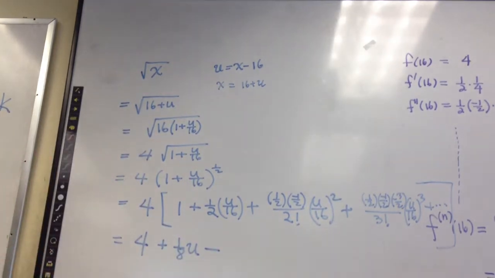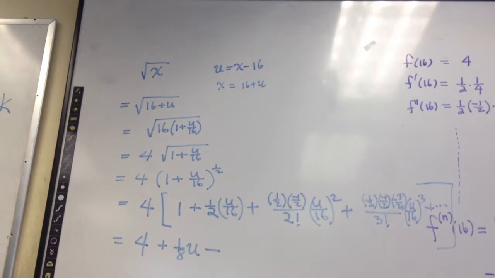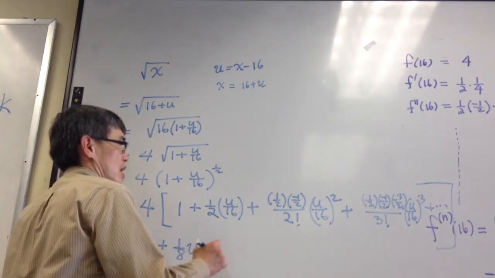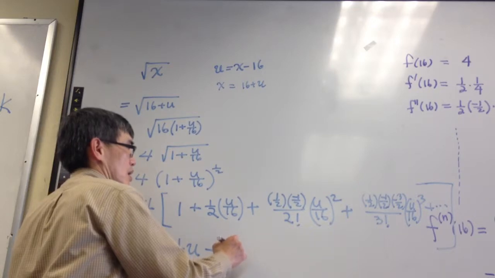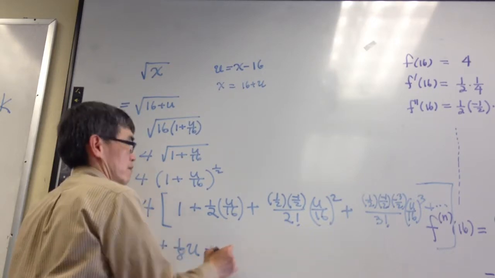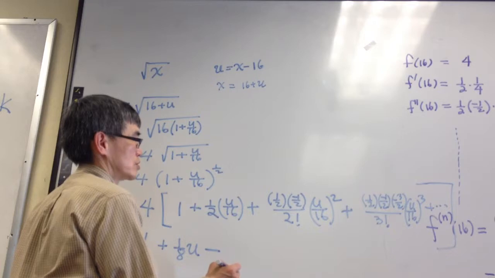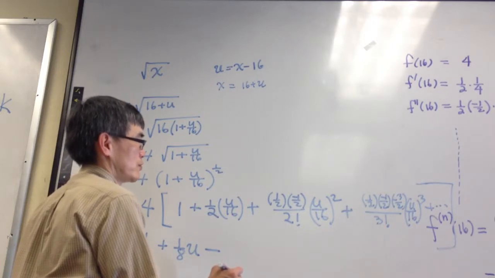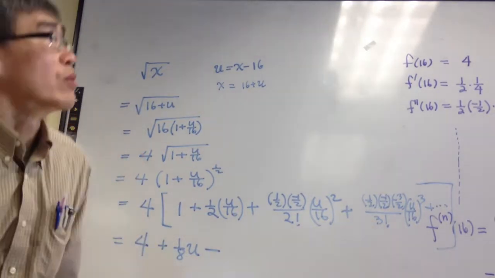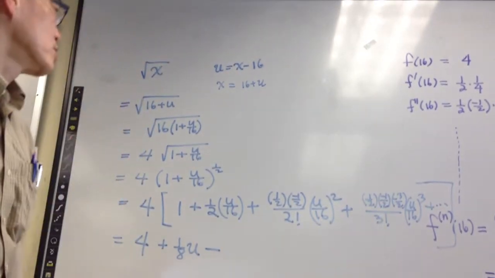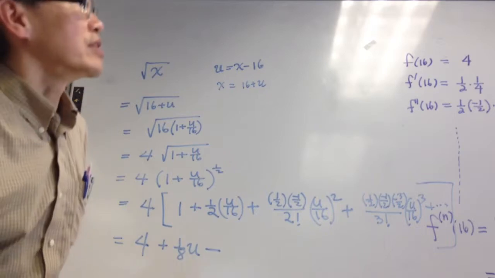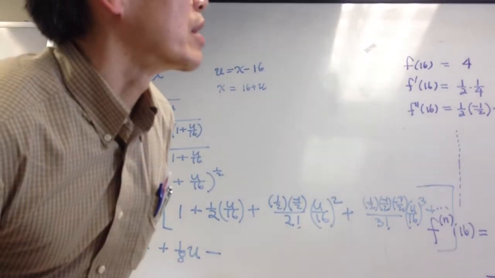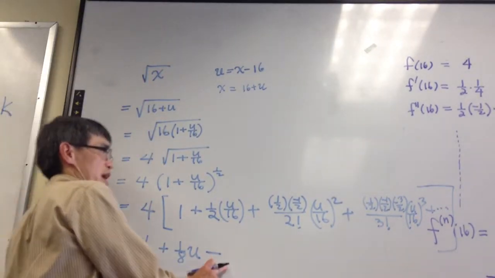Third term is minus, 4 cancels out, 2 factorial. What did I write over there? So you see that the next one is equal to 2. Good. So the next one is minus.